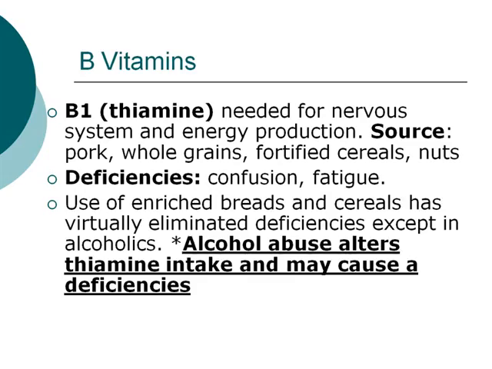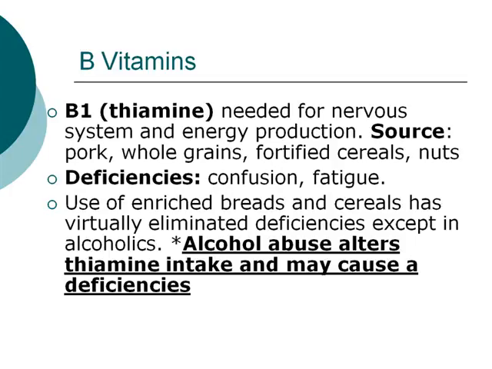B1 or thiamine is needed for our nervous system and our energy production. Our sources of thiamine are often, of course, whole grains, fortified cereals, nuts, and pork. If we are deficient in B1, then we may be confused easily, may be fatigued.